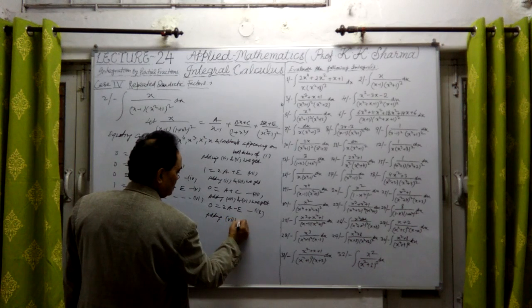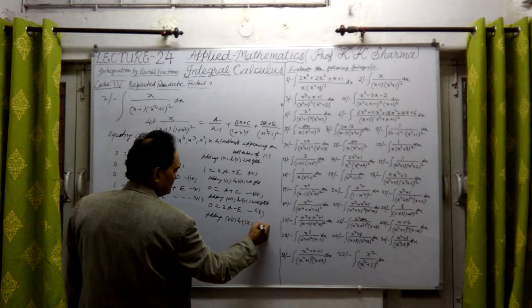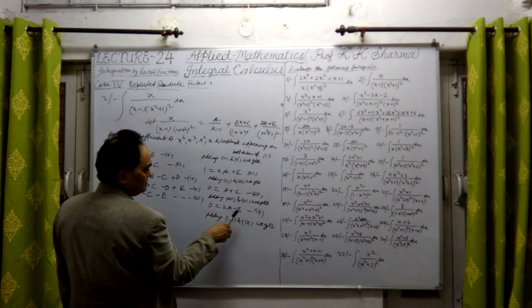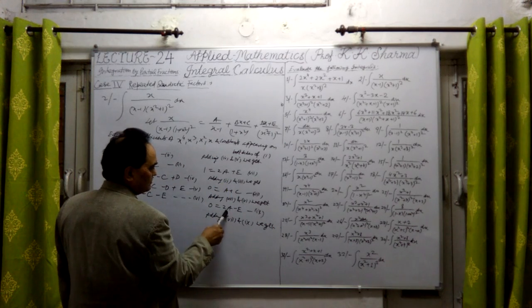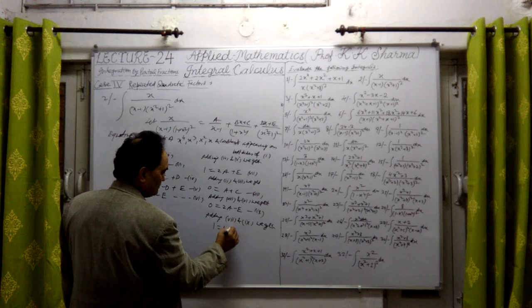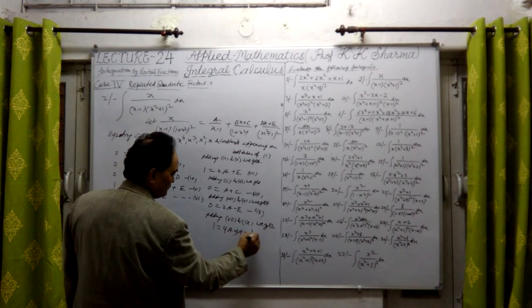Here we see minus E plus E cancelled out. Plus twice A, 4A. Here 1 plus 0 is 1. So 1 equal to 4A. That means A is equal to 1/4.